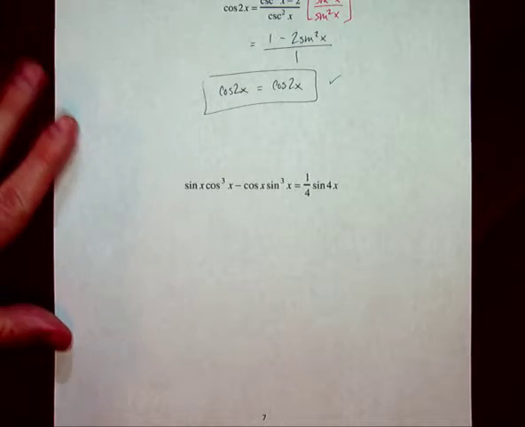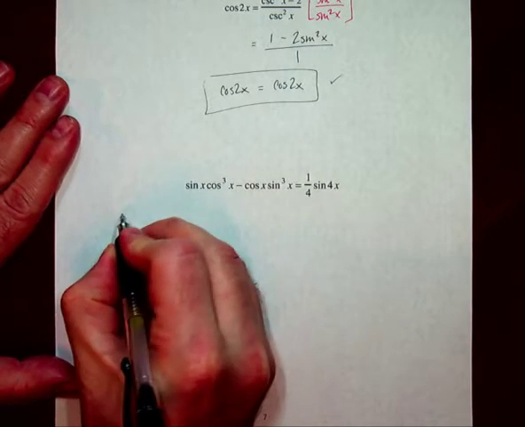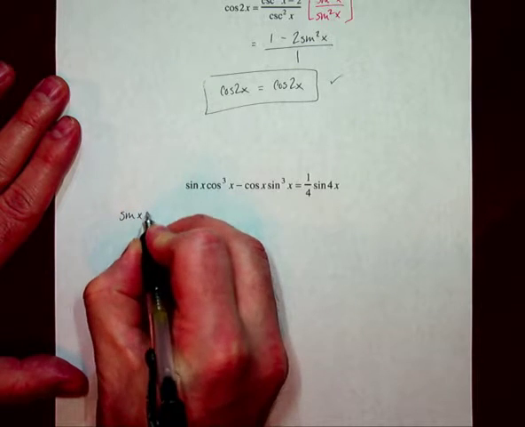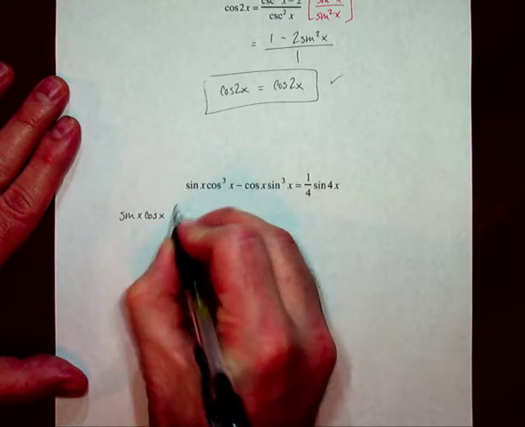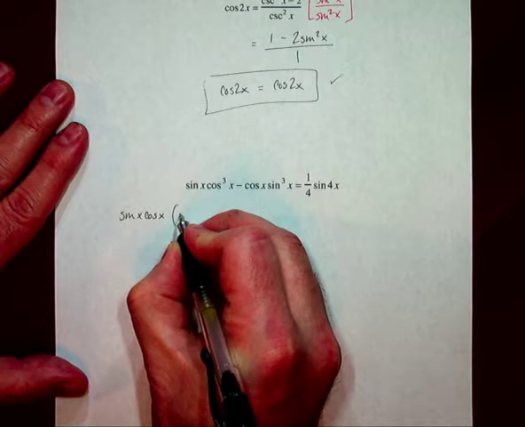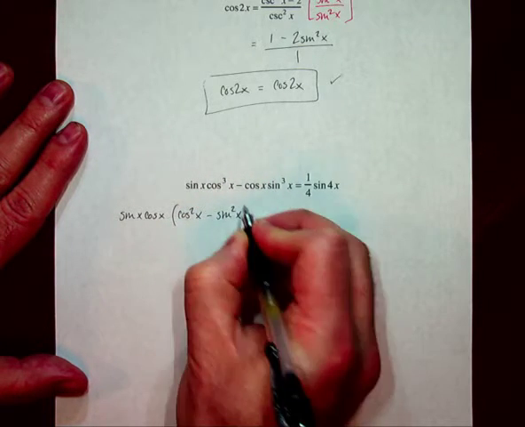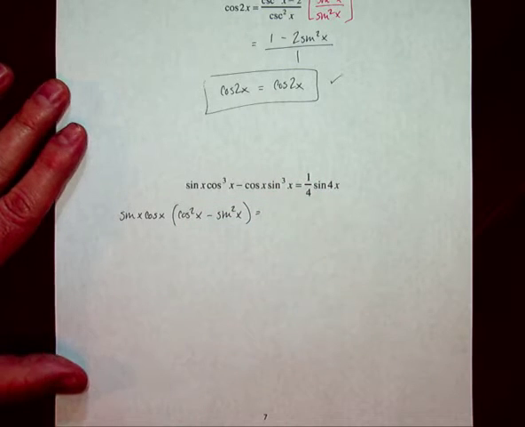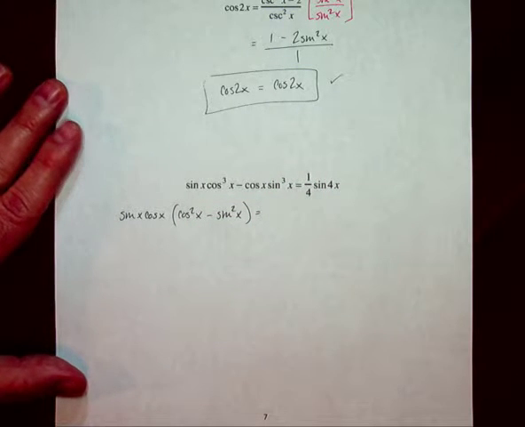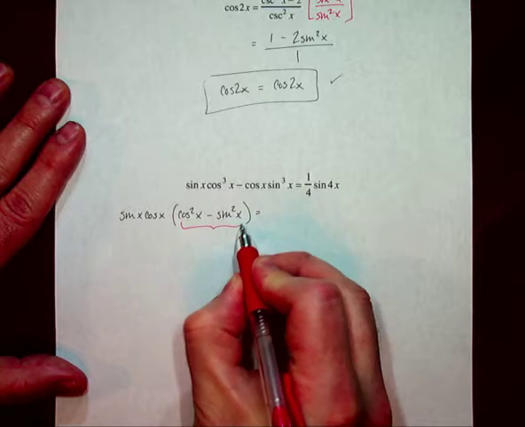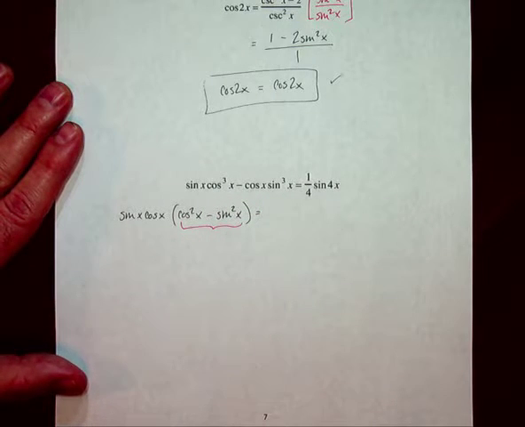Because on the left-hand side, the factorization should be really easy to see. Let's take a look at the left-hand side. If I factor out a sine x cosine x, which of course would be the GCF, I get that. Well, this right here is a recognizable double angle identity.